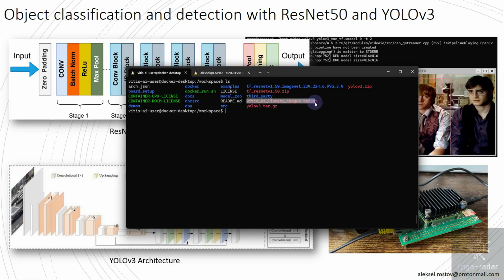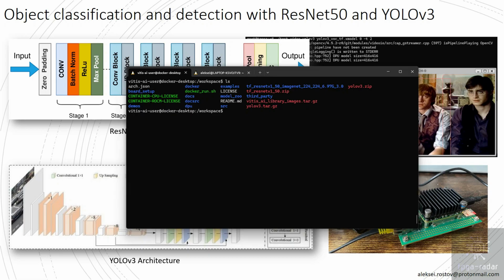I will need a folder with images, with examples, that can be used in order to run the model. I have here also the quantized model, and I have the already compiled model. So let's unzip all of this directly here, all these three archives.